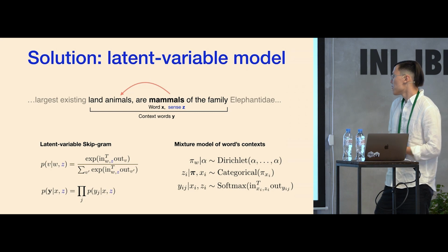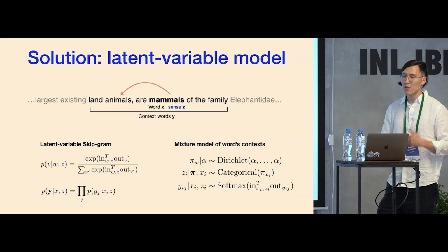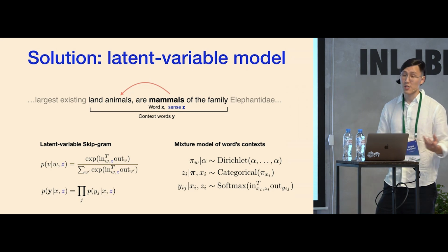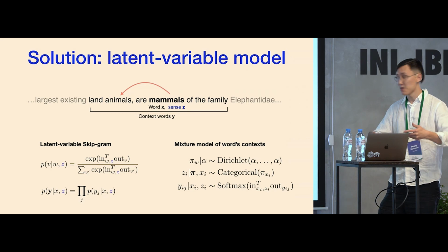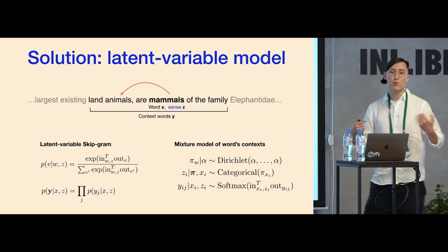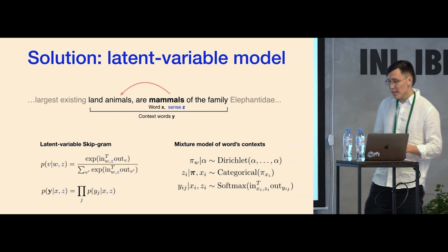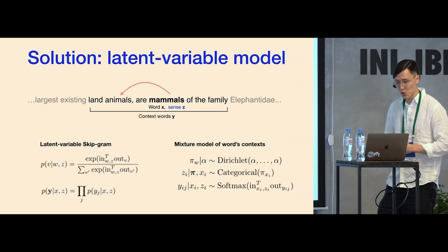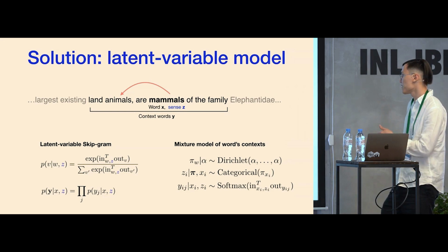And if so, we can define something like a mixture model of word context. So for each word, we can take all contexts in which it appears, and say that these contexts are generated from a mixture of different meanings. If you're familiar with mixture models, especially with Bayesian mixture models, usually the generative process looks like this.